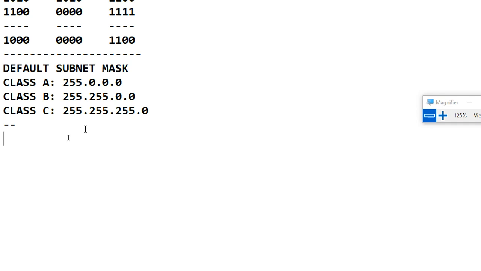So how to calculate? For example, I'm taking the IP address 102.34.33.55. What is the subnet mask? 255.0.0.0. Why?